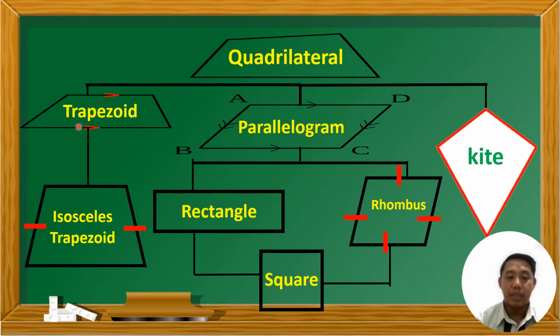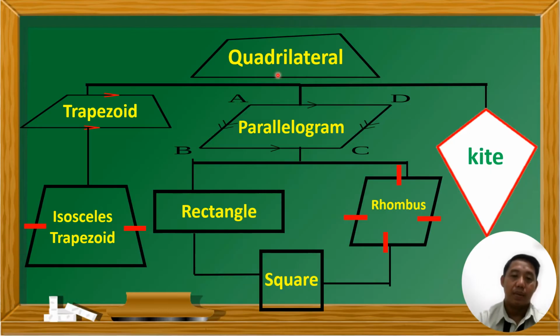Kapag po pataas tayo, kunyari isosceles trapezoid is a quadrilateral, or isosceles trapezoid is a trapezoid, that is always true. Pero pag pababa, quadrilateral is a kind, sometimes lang yun. It could be parallelogram, trapezoid. And kapag hindi naman sila connected dun sa classification nila, it will be never true.